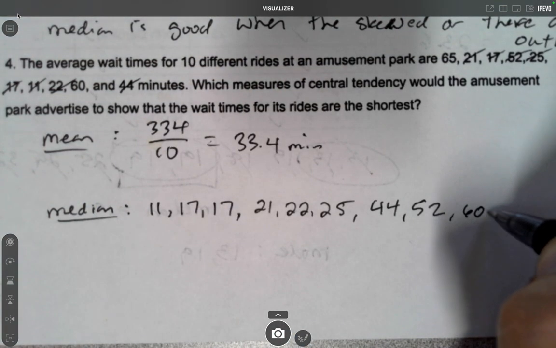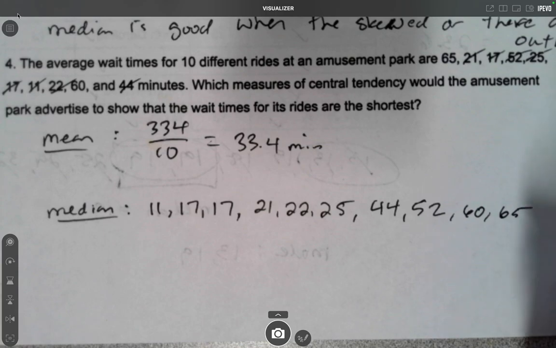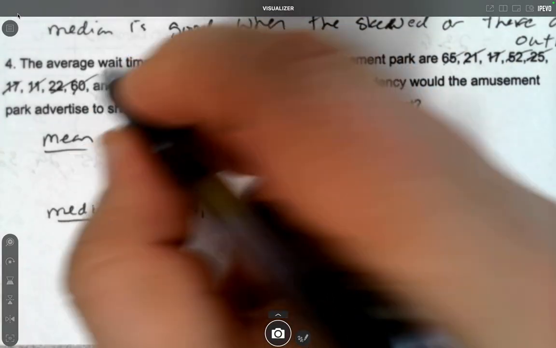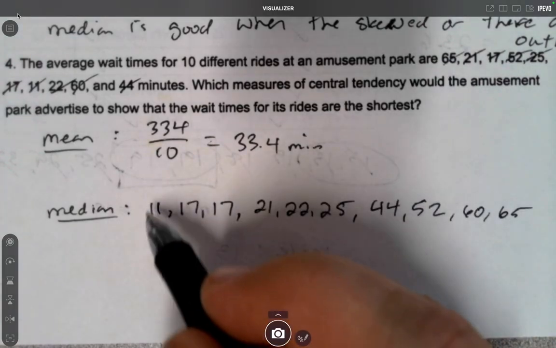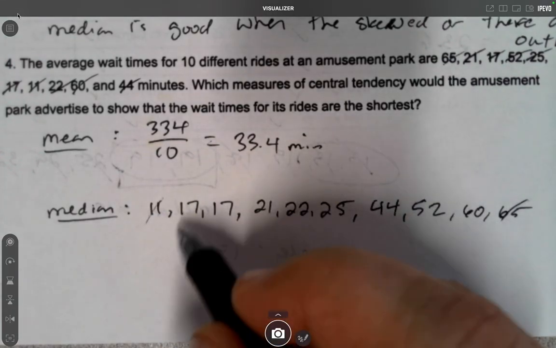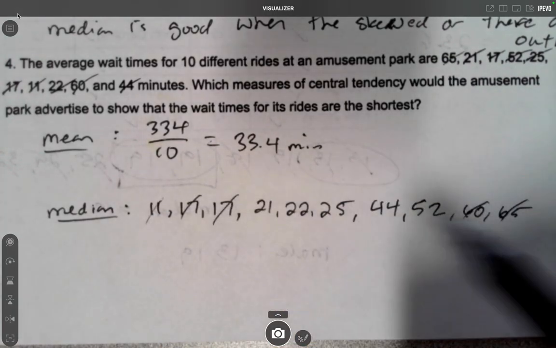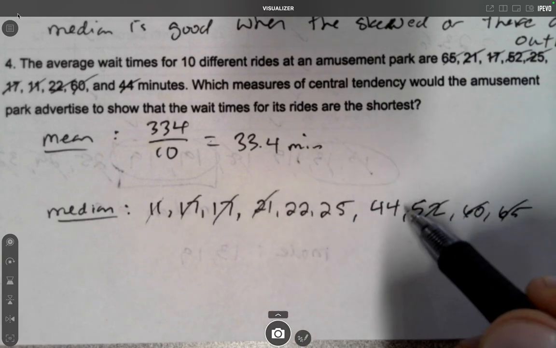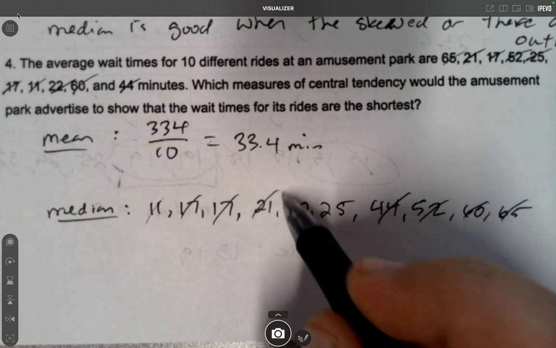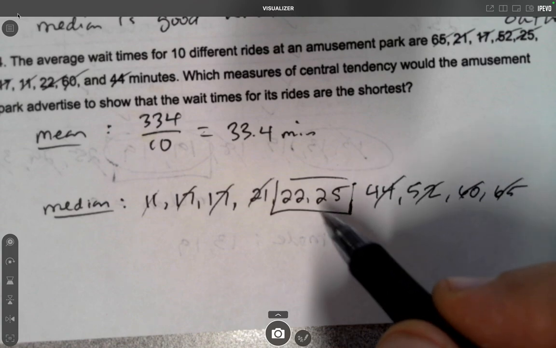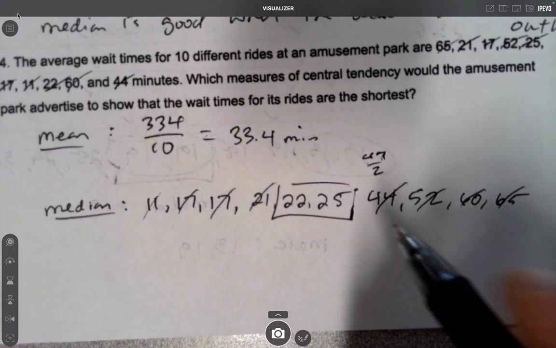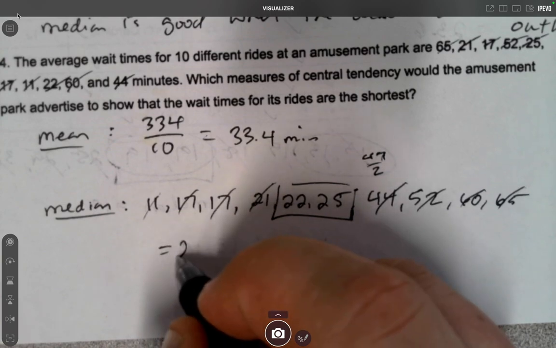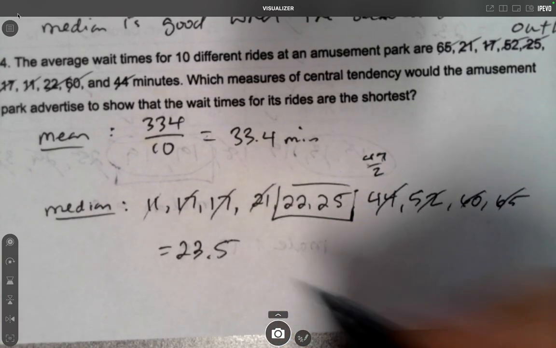I think that covers all of them. Yes, that's a total of 10. So for the median, we cross off the first and the last, first and the last, first and the last, first and the last. We have 2 in the middle. If we add those together, we get 47. Then divide by 2, we get 23.5. So the median is 23.5 minutes.